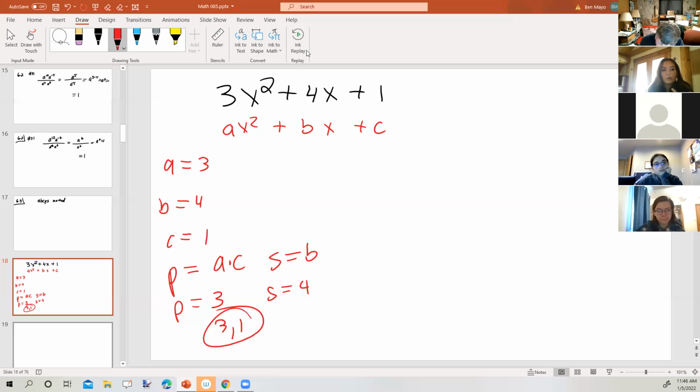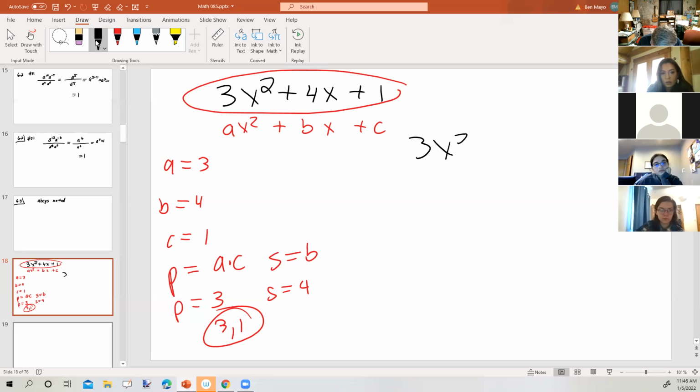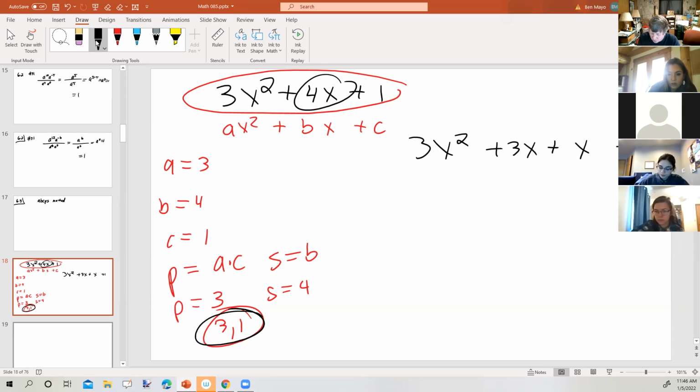What we're going to do, though, is take this original trinomial and rewrite it, splitting the middle term into two terms whose coefficients are these two numbers. So we take the 4x and write it as 3x plus 1x. So we haven't changed the value of the original polynomial, but we've split that middle term up into two separate terms with the coefficients that we found in that step.